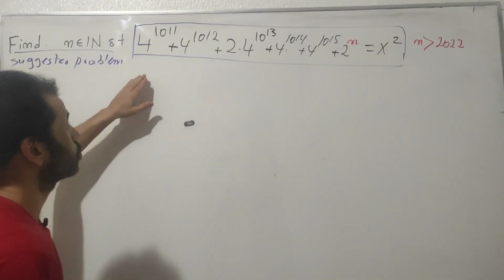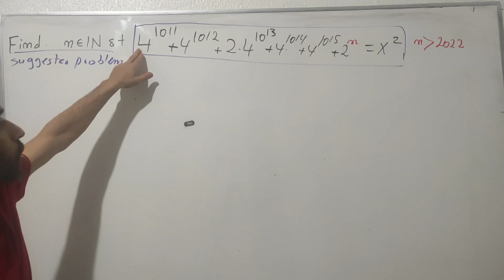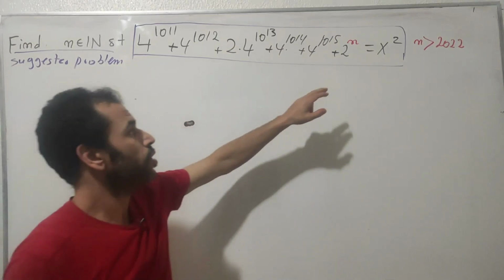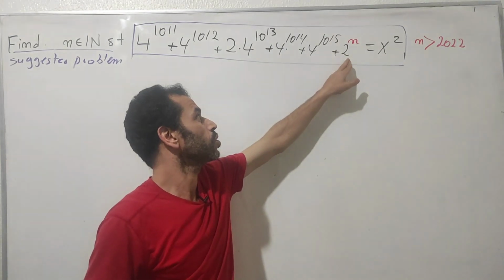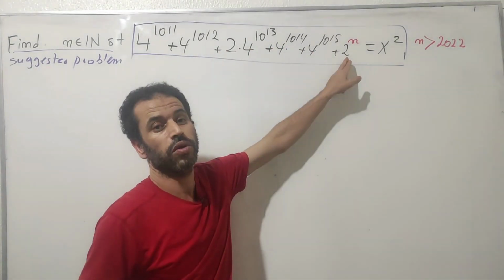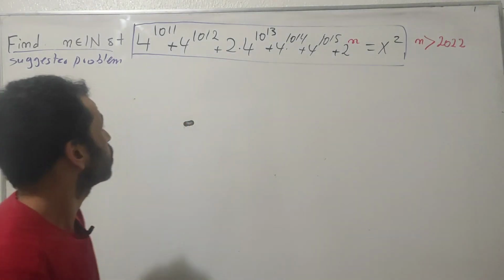Since we have 4 as a base for most of the terms here, and only the last term has base 2, we are going to transfer everything in terms of base 2. Now let's do that.